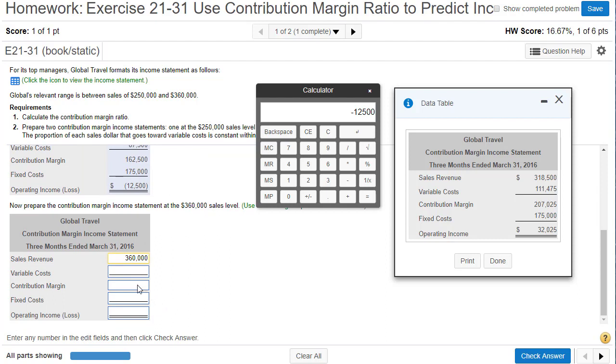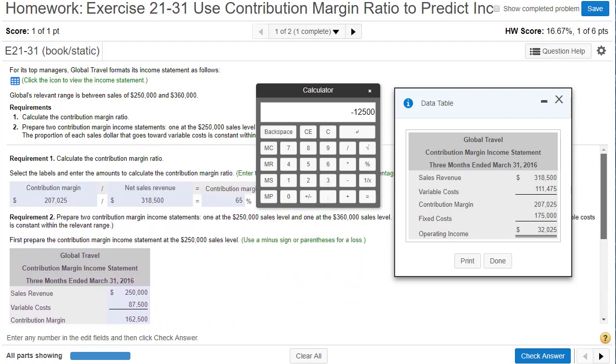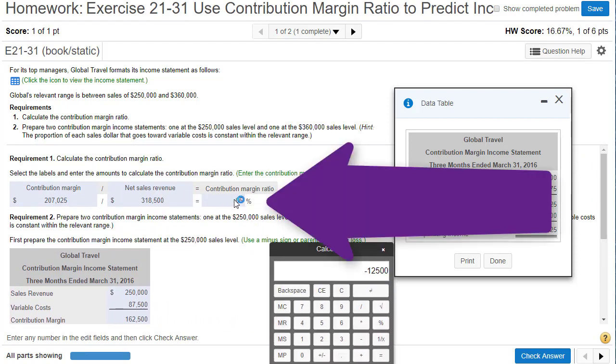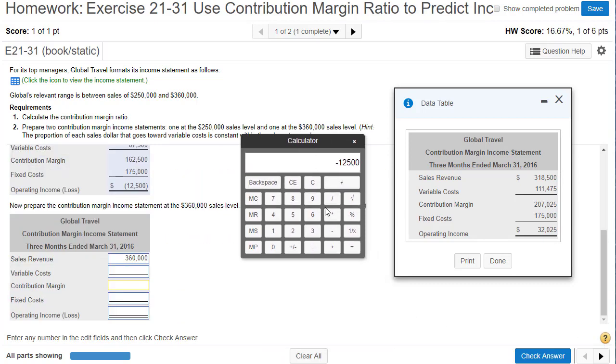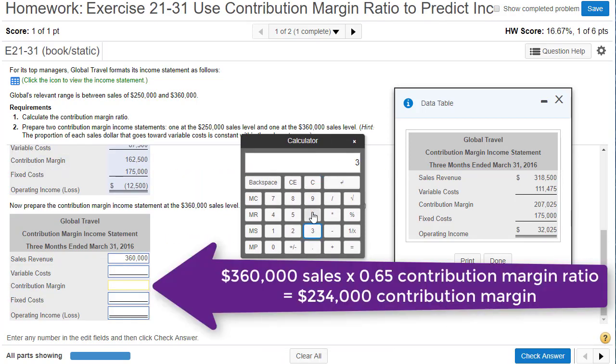And there are 2 ways to do this. Remember, the contribution margin ratio was 65%, which we calculated earlier, meaning 65% of net sales revenue turns out to be contribution margin. So we take 360,000 times 0.65, which gives us 234,000.